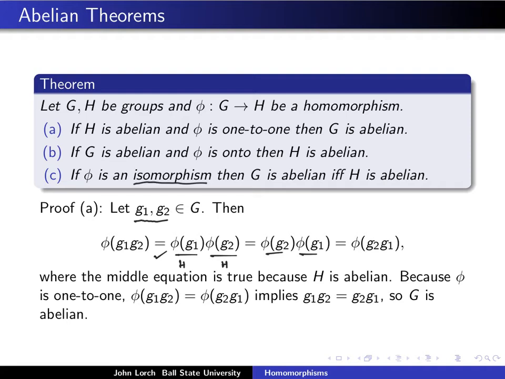But now phi, again, remember, preserves the operation. So this is phi of G2 times G1. So what do we have? Well, we have phi of G1, G2 equals phi of G2, G1. But phi is 1-to-1, and that means that G1, G2 must be G2, G1, and therefore G, the group capital G, is abelian.